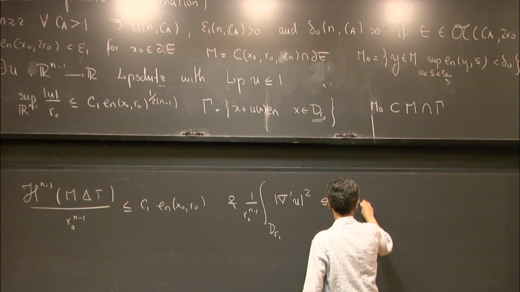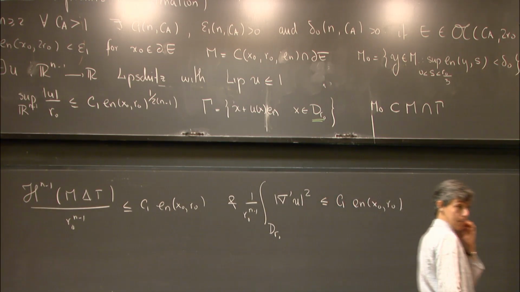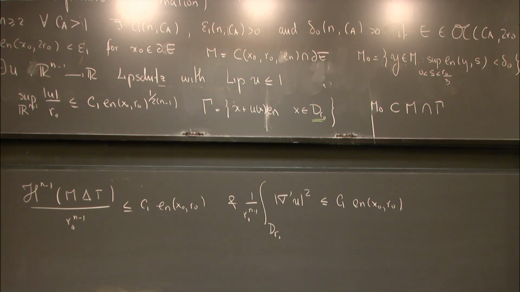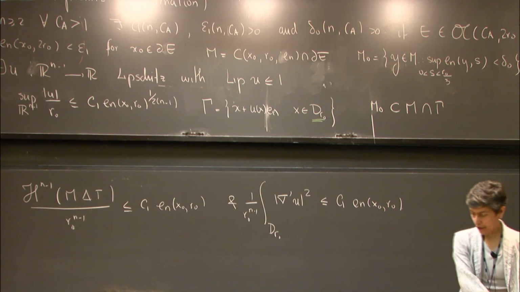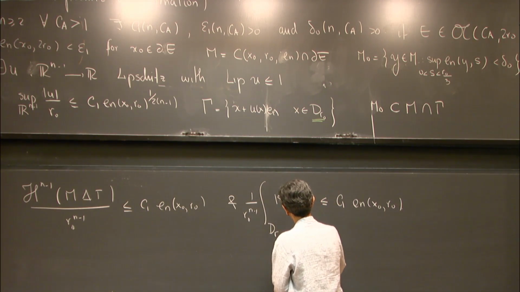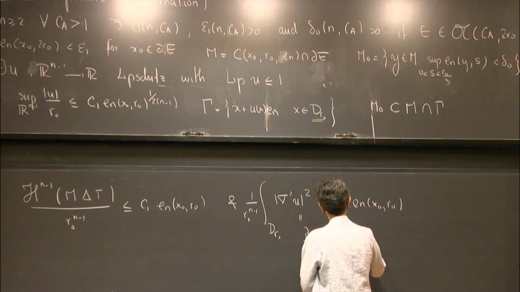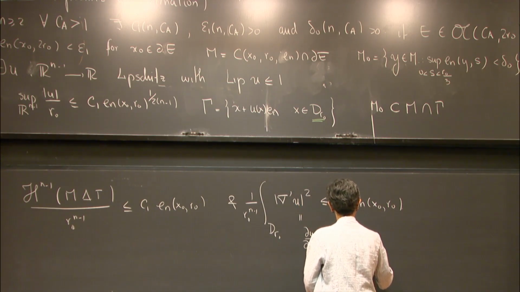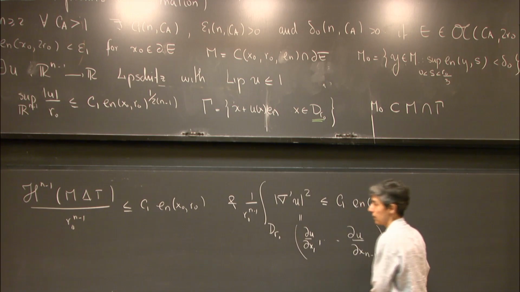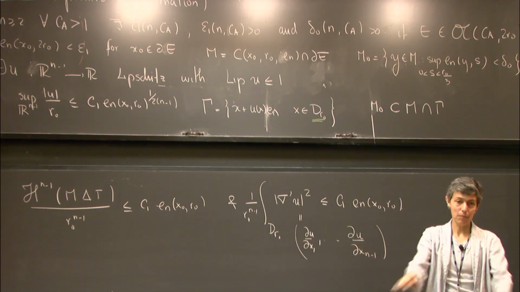C1 En x naught R naught. Okay. What's the gradient prime? Remember, I live in Rn. So this means I only have d dx1 of u to d dxn minus 1. Because remember, gradient would have been if it had been in Rn. So gradient prime is, remember.